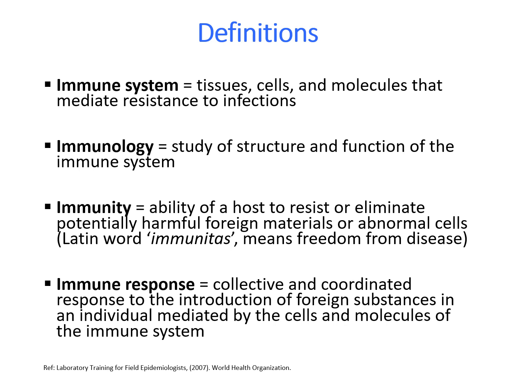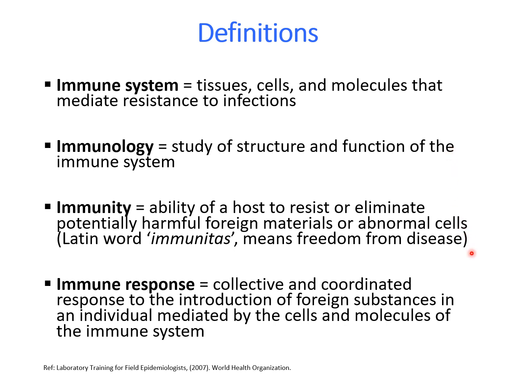Let's start with the definitions. The immune system is a complex network of cells, tissues, organs, and the substances that help the body fight infections and other diseases. Immunology is the study of structure and function of the immune system, which allows us to know how the body fights disease and infection.